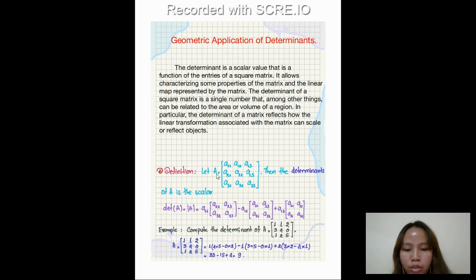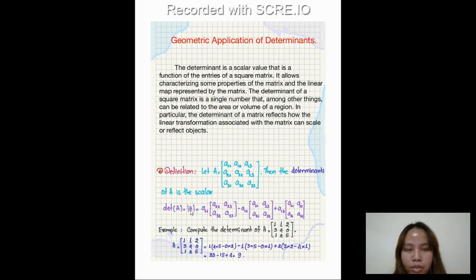Let A equal the 3 times 3 matrix, whose values are A11, A12, A13, A21, A22, A23, A31, A32, A33. Then the determinant of A is a scalar. And here is how we calculate it.